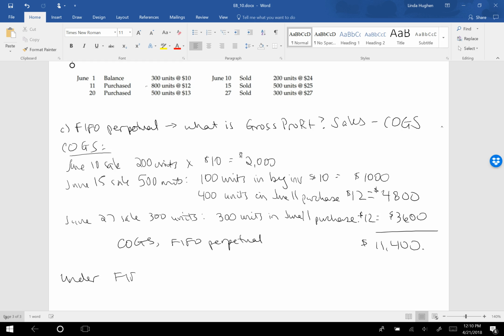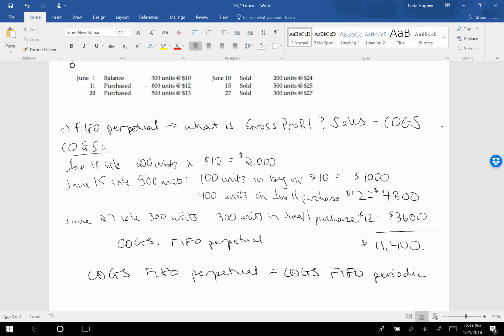And the nice thing to know about the FIFO method: cost of goods sold under FIFO perpetual equals cost of goods sold under FIFO periodic. So we don't need to constantly worry about each sale.